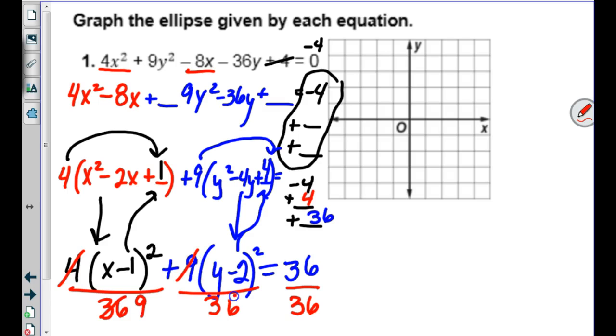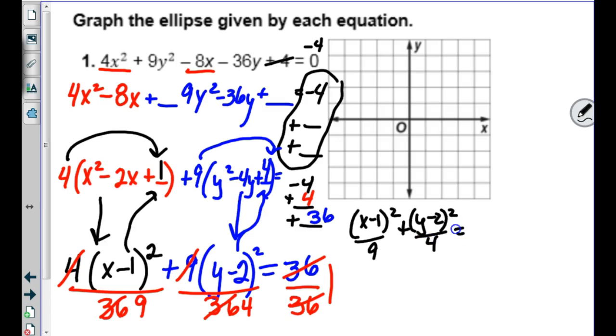This 9 reduces into 36 4 times. And over here, 36 reduces into 36 once. But I have x minus 1 squared over 9 plus y minus 2 squared over 4 equals 1.